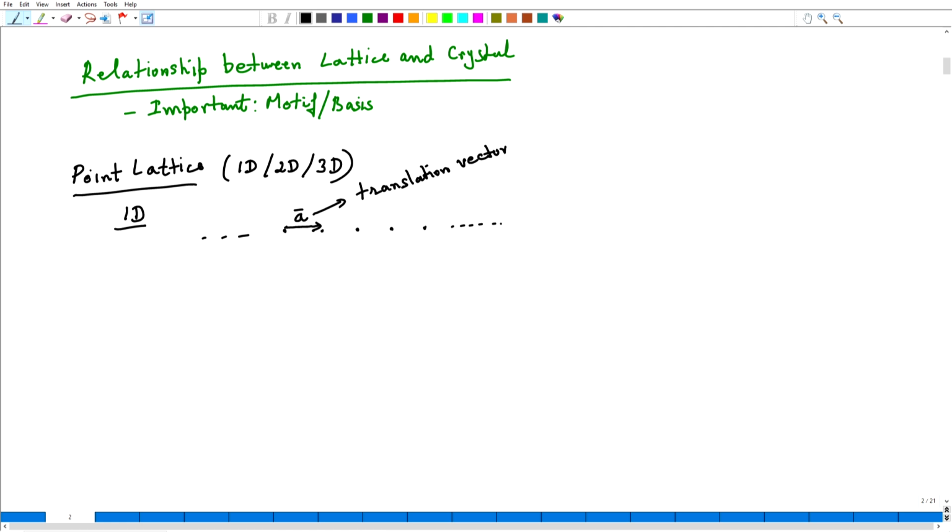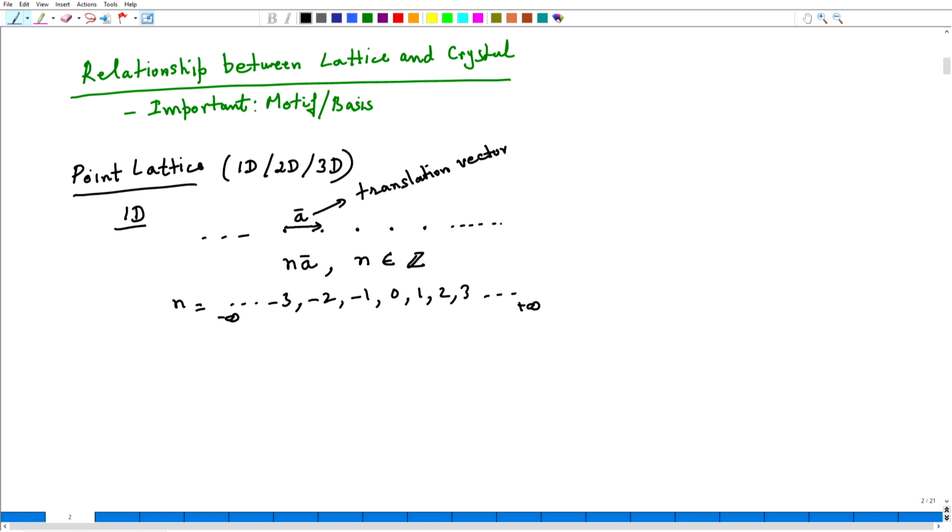Now, I can think of a vector nA, where n is an integer, which means n can go from minus infinity to plus infinity. So, n could be minus 3, minus 2, minus 1, 0, 1, 2, 3 and so on, and they go from minus infinity. So, here I have plus infinity and out here I have minus infinity.